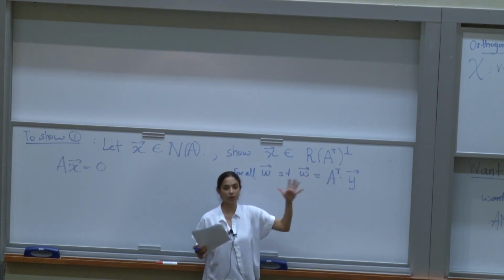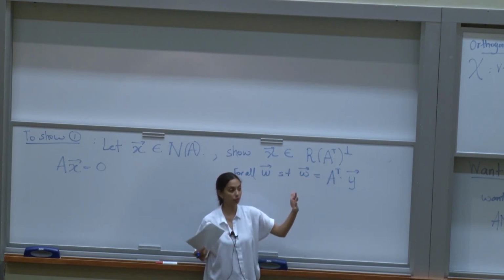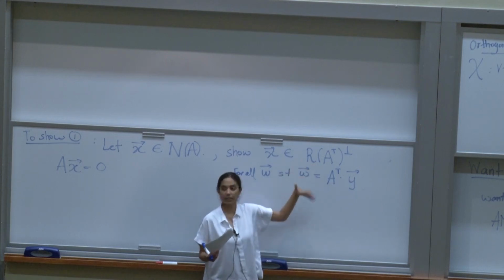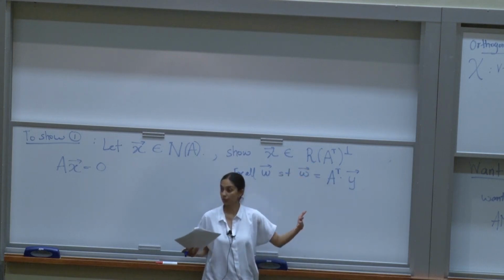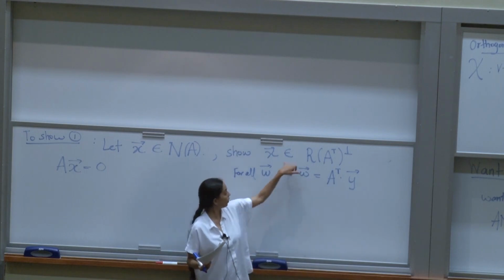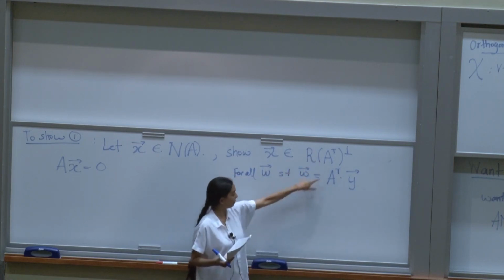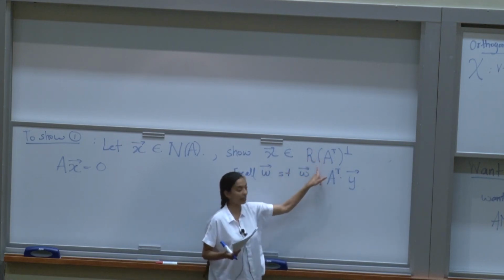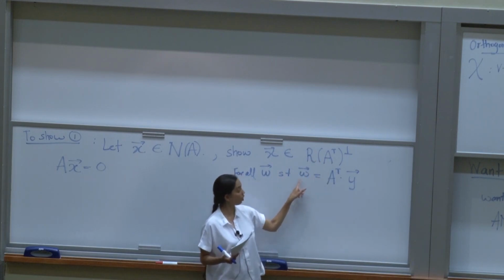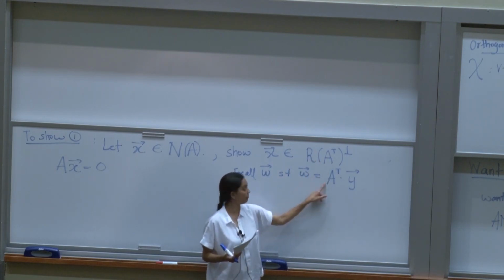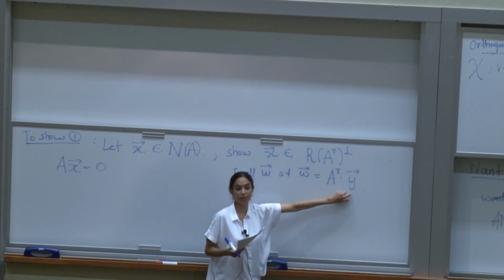Remember, if you're ever stuck writing a proof, what's the first and most important thing you do? Try to translate things into mathematical equations, right? So what does it mean for x to belong to this set? Let me first write out what the range space of A transpose is. Well, that's all the W's that can be written as A transpose times some other vector, right?